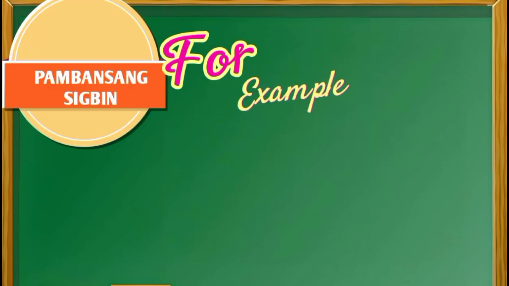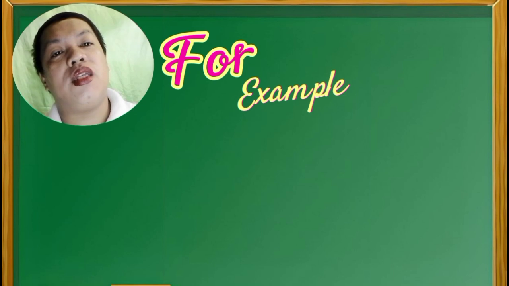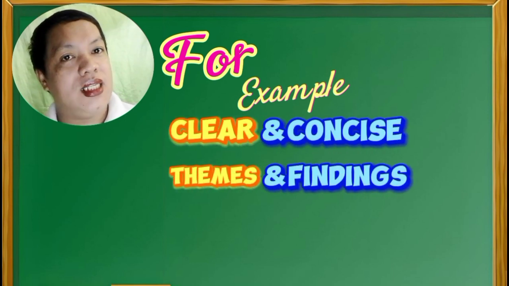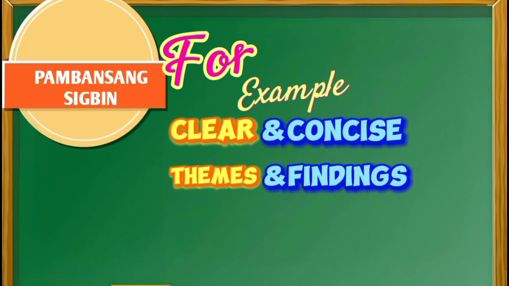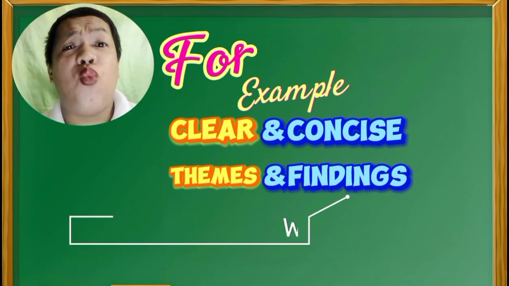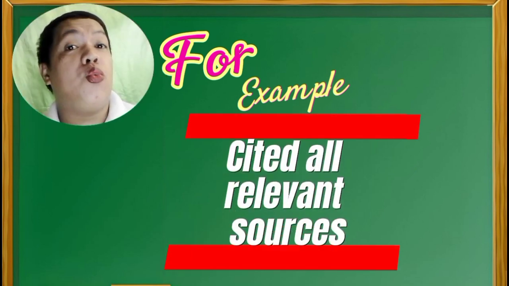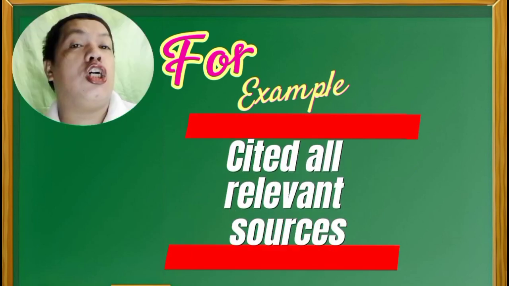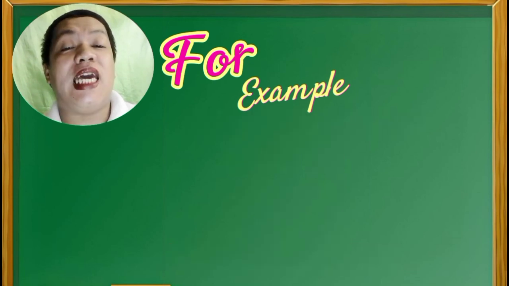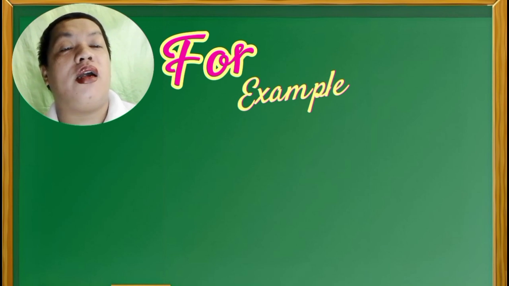Example, you might revise your review that you have written already to ensure that it's clear and concise, and that the themes and findings that you have written are well organized and you have cited all relevant research sources that you need to indicate in every paragraph of the RRL of your thesis proposal.